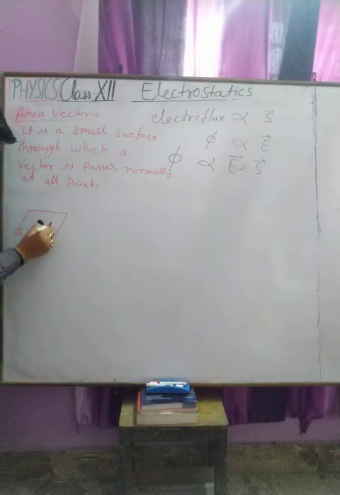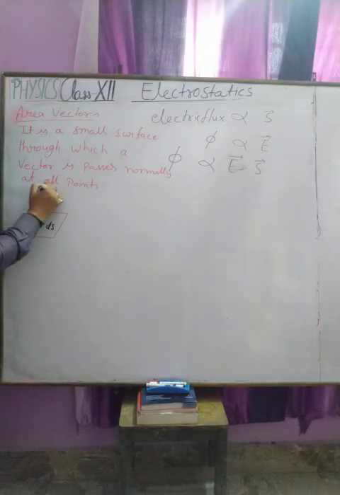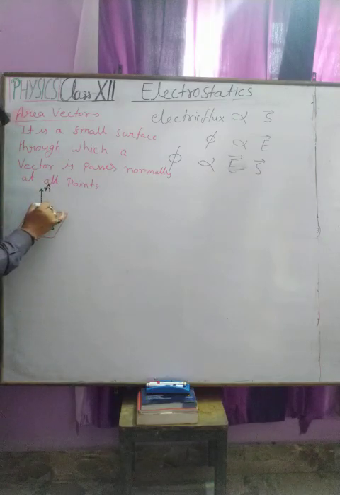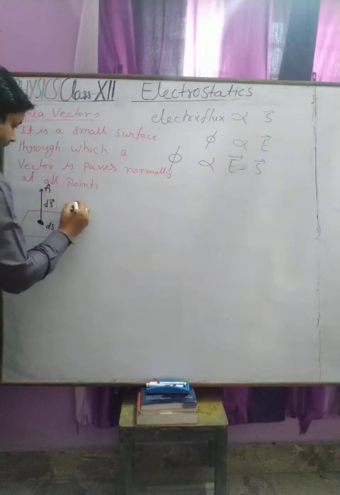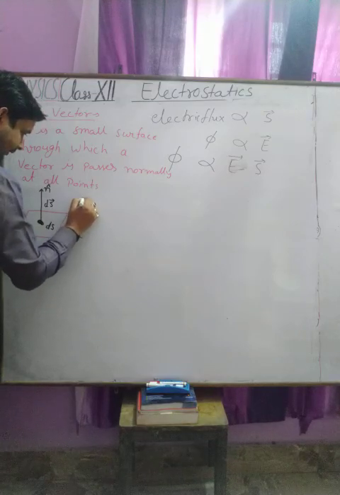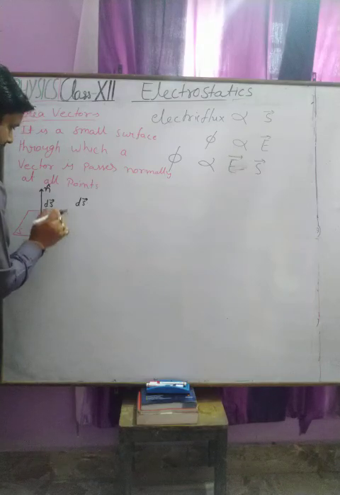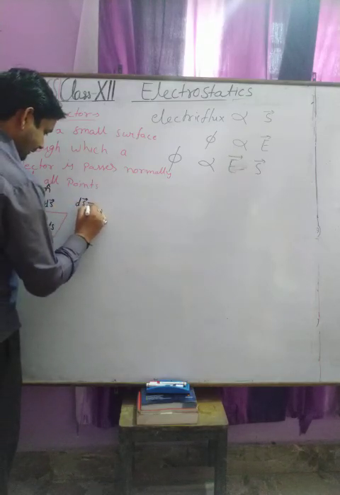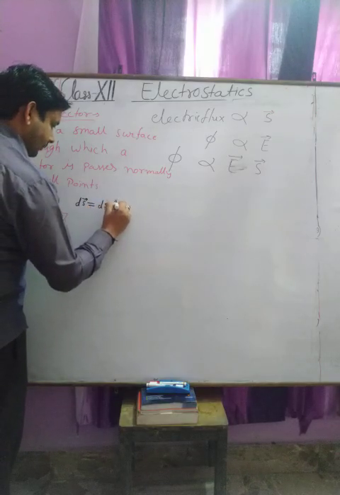This small surface is called ds, and the area vector, which is in the direction of n cap, is given by ds vector. Therefore the area vector ds is given by ds into n cap.